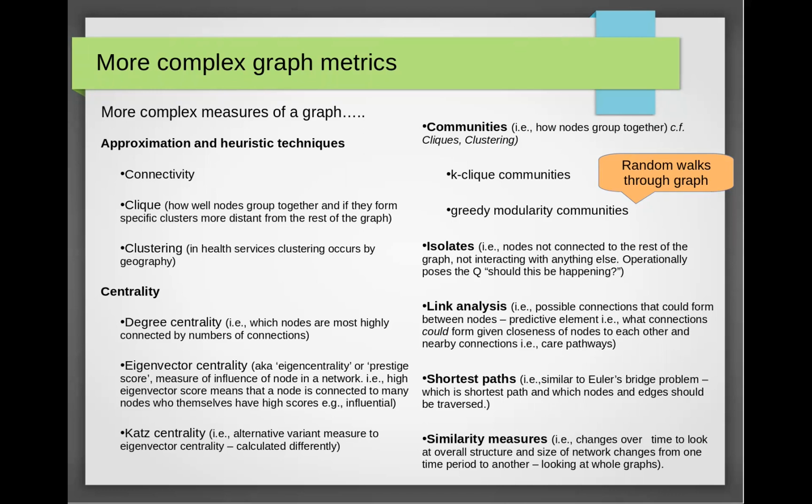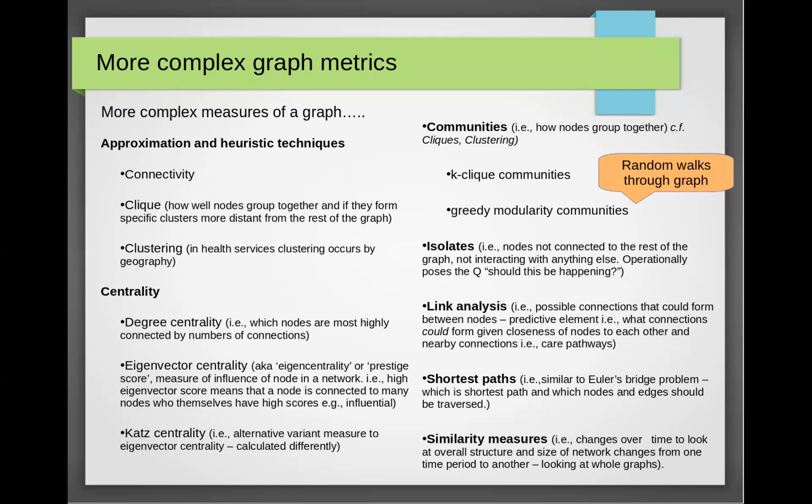We then have things called clique detection. And so maybe just looking at the number of cliques. And a clique is where you have a group of nodes which are all clustered, they're all connected to one another, but they sit distinct to the rest of the graph. And again, I'll touch on that a little bit more with a visual example shortly. And then you've got clustering.